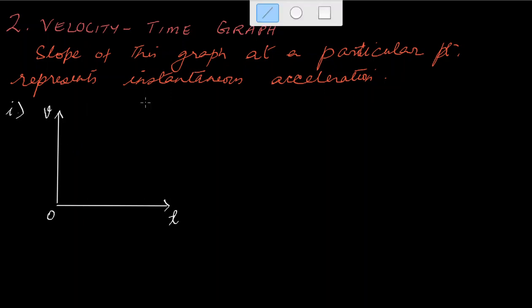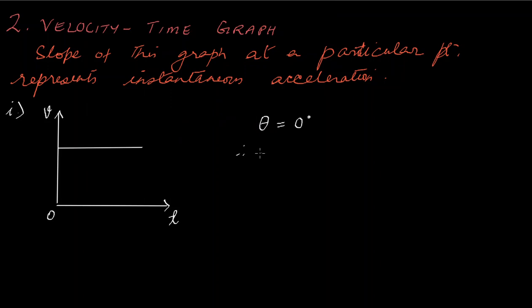Okay, and the graph is somewhat like this. Let's say we have just a line which is parallel, right? So again here theta is 0 degrees, so therefore slope here will be 0. And what does the slope represent? Now it represents the instantaneous acceleration.